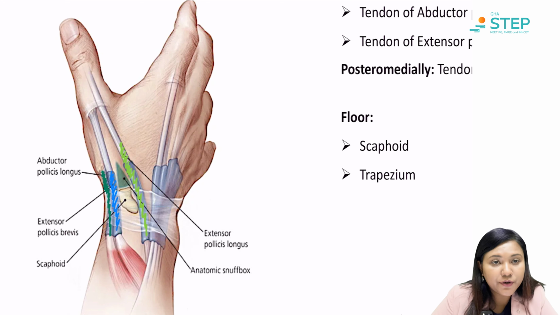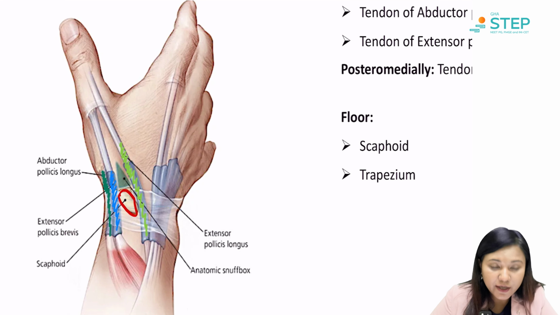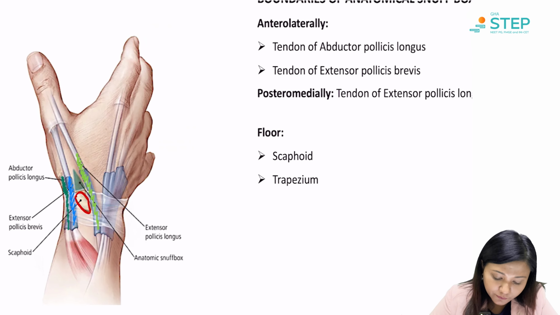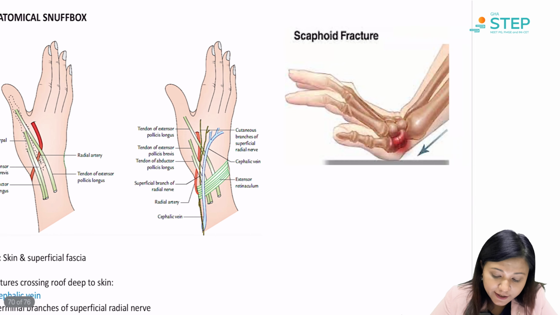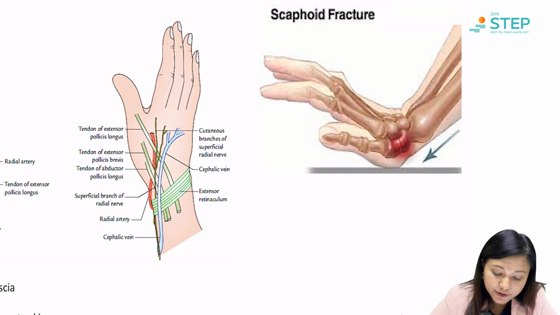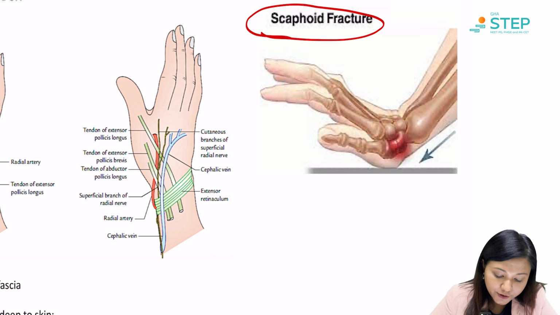The floor is formed by two bones: the scaphoid bone and the trapezium bone. If there is injury to this area, like a fall on an outstretched hand, you will have a scaphoid fracture, with avascular necrosis of the scaphoid bone.